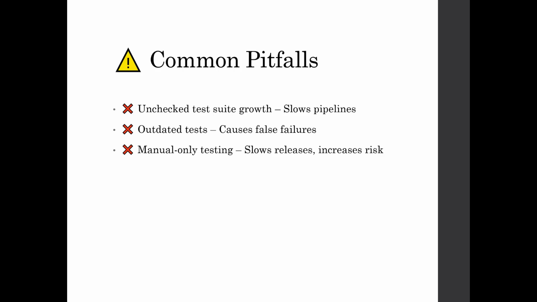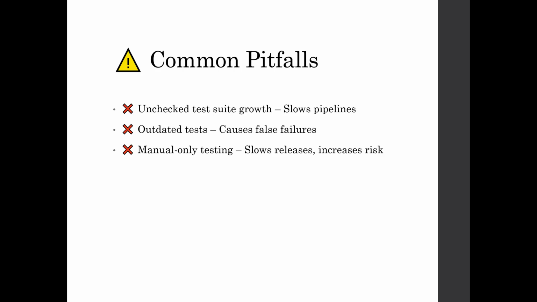Now, some common pitfalls. We don't want to let our regression suite grow unchecked. Too many tests slow down your pipeline, frustrate your development team, and cause problems. You've got to have someone grooming that to make sure that tests are being updated and only the relevant things are in there.